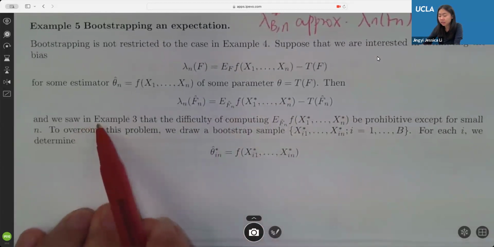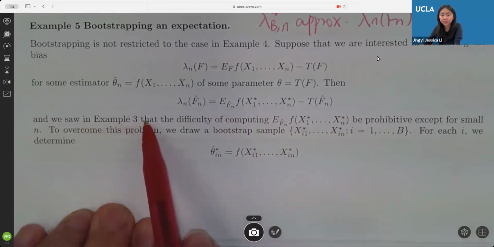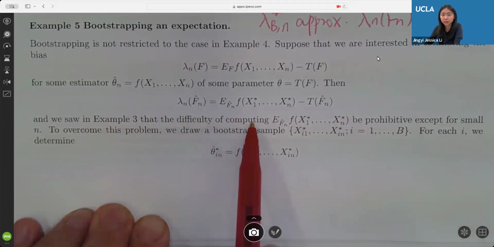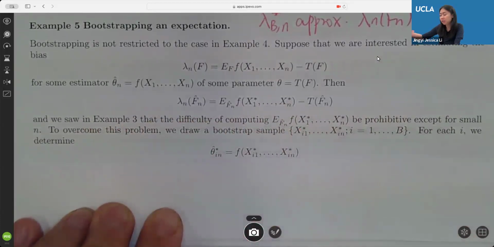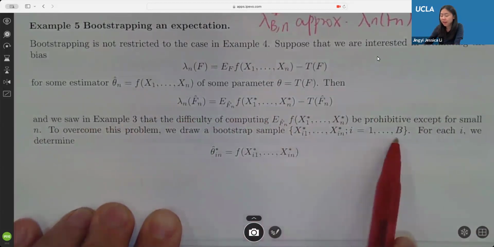And we saw in example 3 the difficulty of computing the expectation under Fn hat, given the exponential number of possible hypothetical samples. Therefore, we draw capital B bootstrap samples from the original sample.